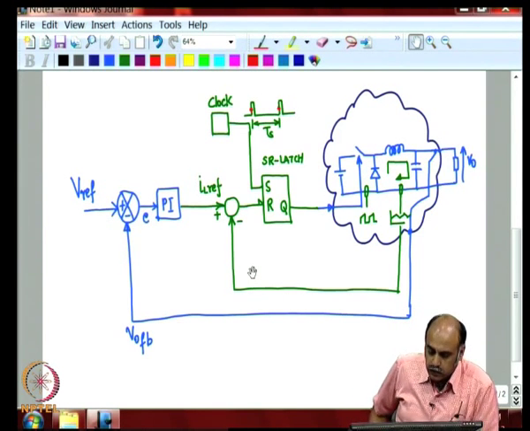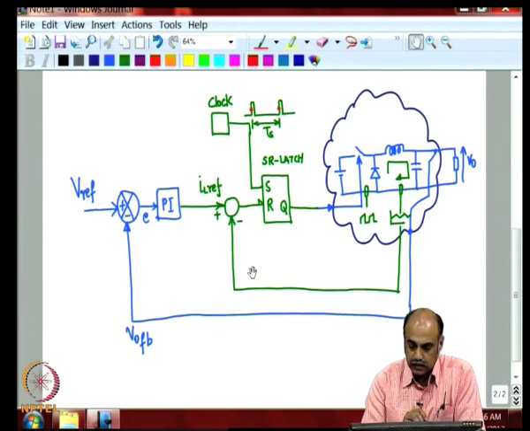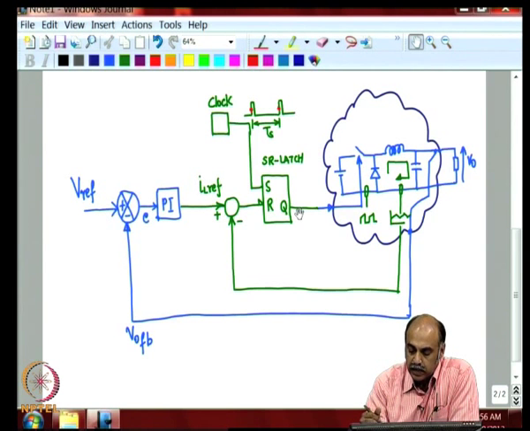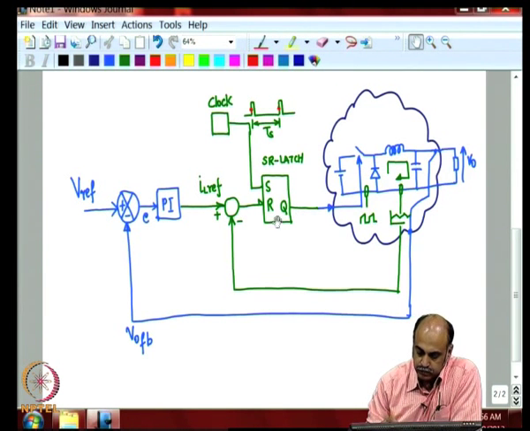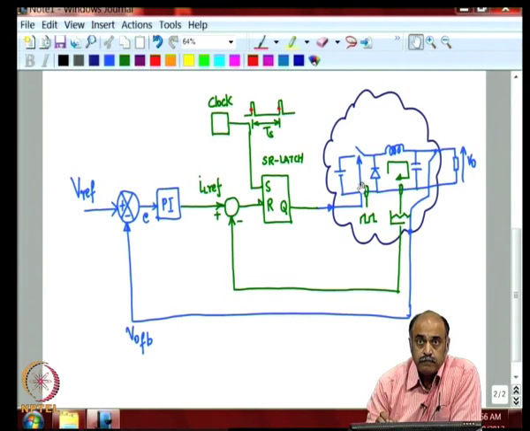So, in all current control, this would be essentially how the control block schematic would look like. There will be an inner current control loop actually being controlled using an SR latch or equivalent kind of circuit. There is a clock which defines the switching period of this power semiconductor switch.